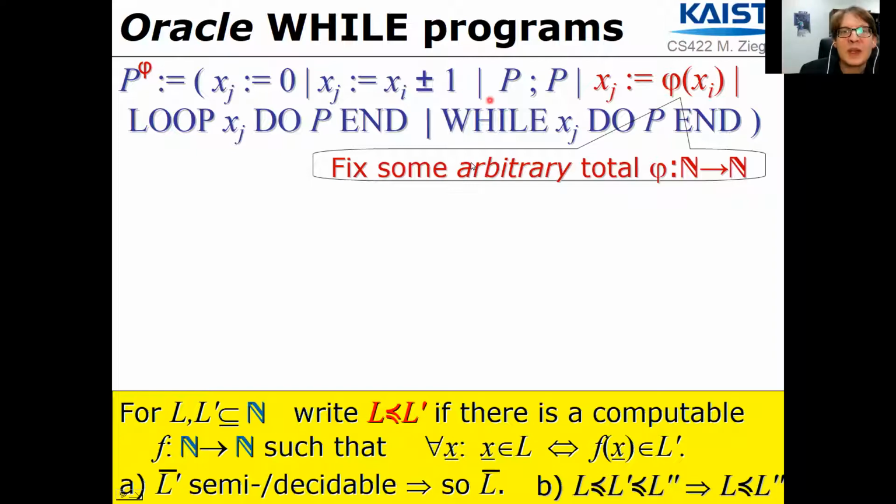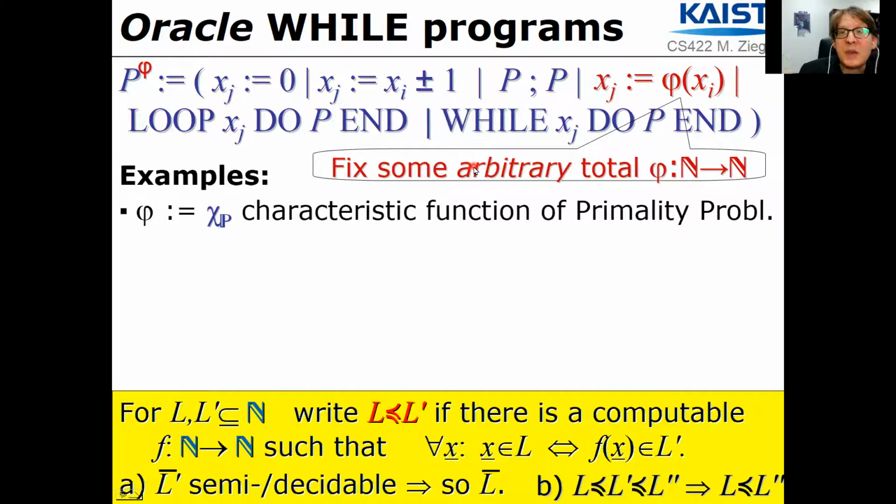It has to be well specified. So here are some examples of such functions to add to the while program. For example, the characteristic function of the primality problem. Primality means: given a natural number, is it a prime number or not?